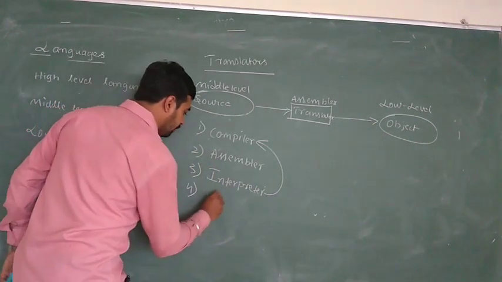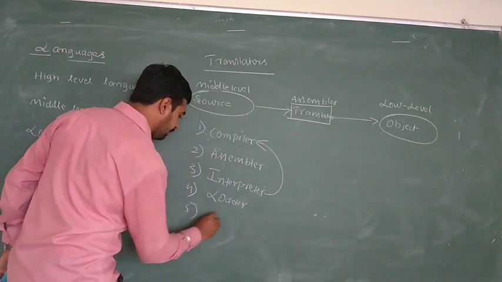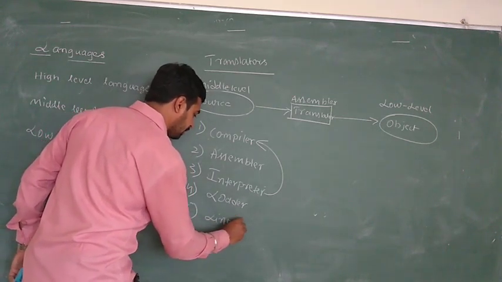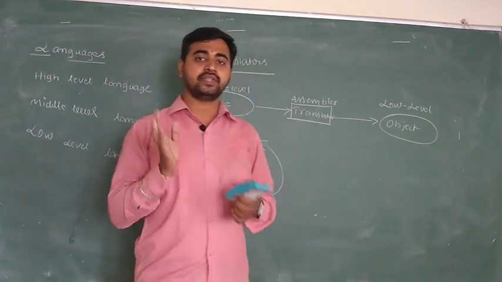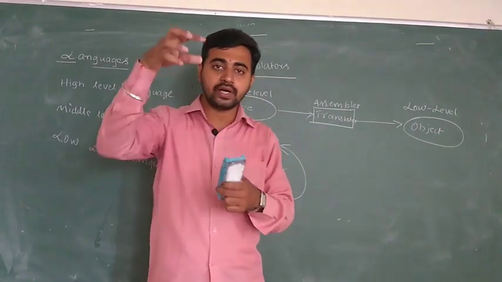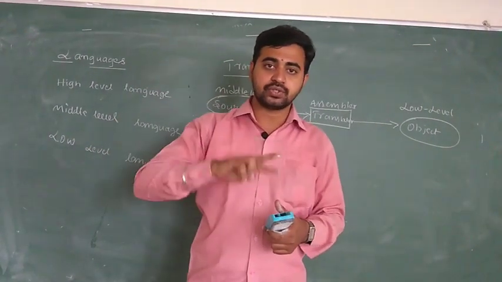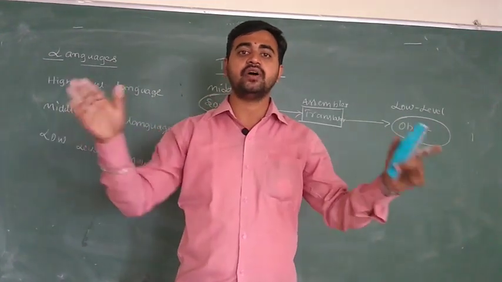The fourth one we have is loader, and the fifth one is linker. What is the work of a loader? Whatever program you have executed, which is converted to object program, has to be loaded onto the memory first. First it should go to the primary memory. From primary memory it should be segregated to the registers.